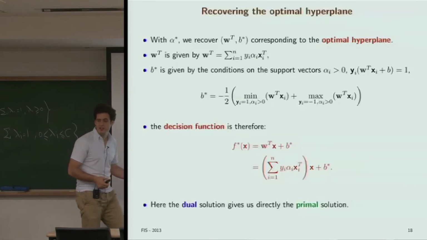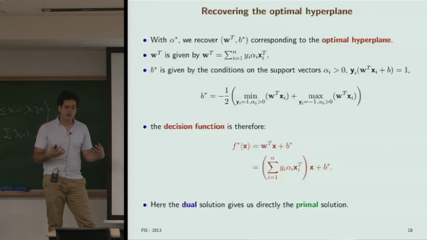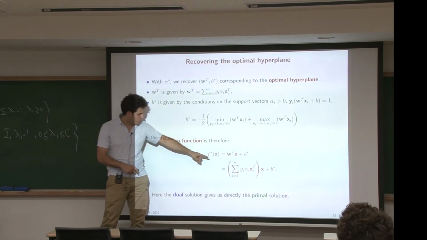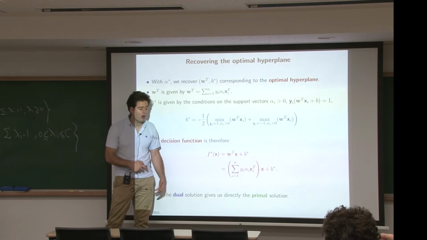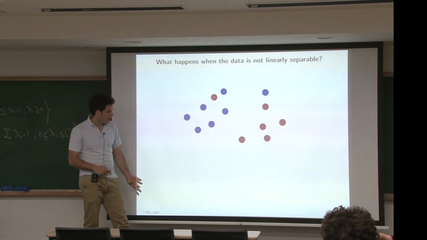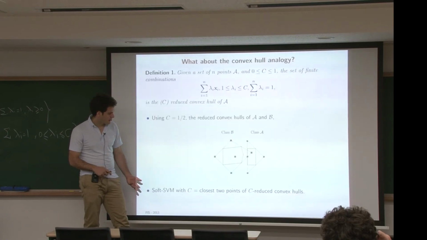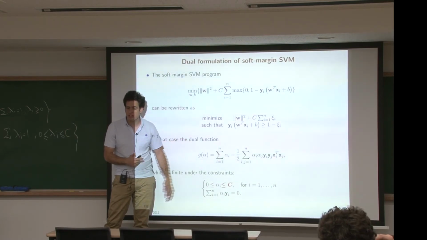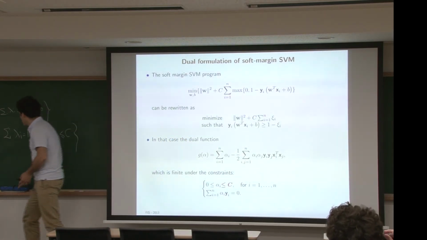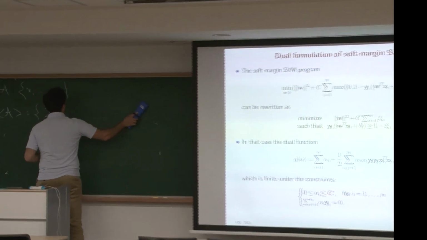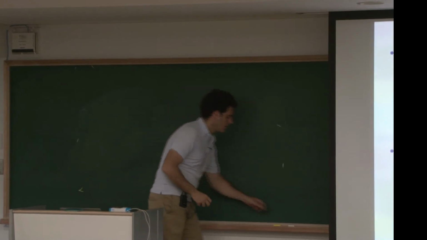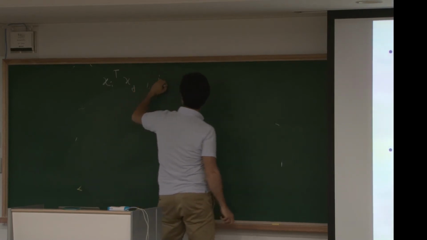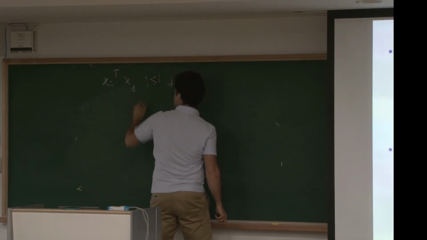So at both stages of the SVM, in the training phase and in the test phase, the only thing that matters is the dot product of each of your points in the training set with another point, xi transpose xj.